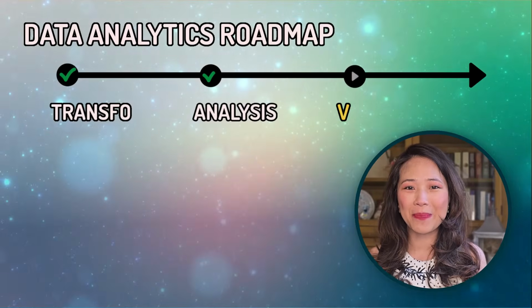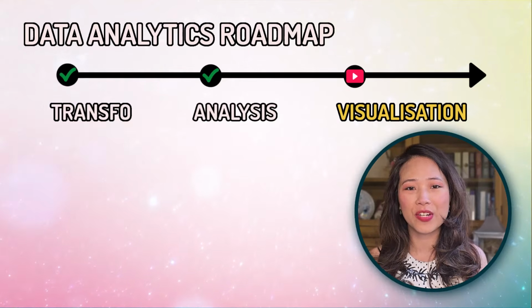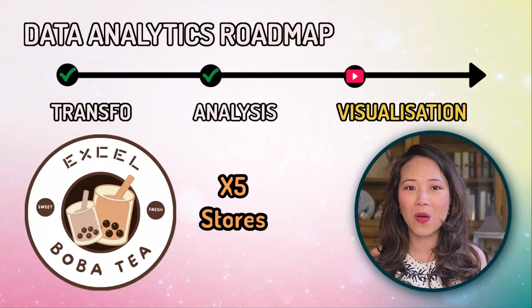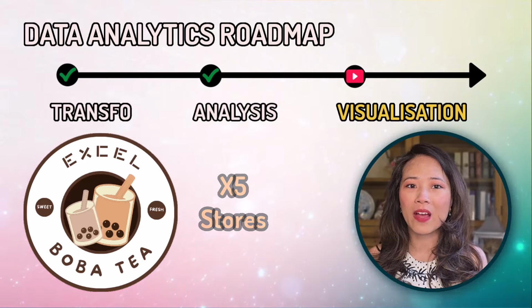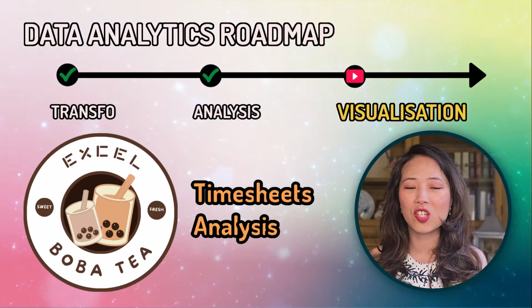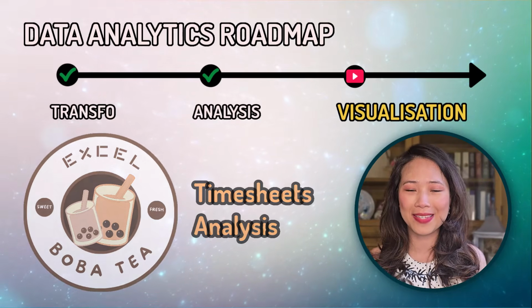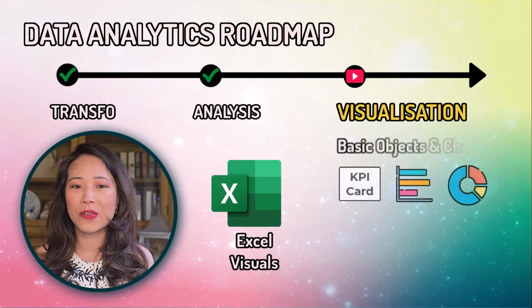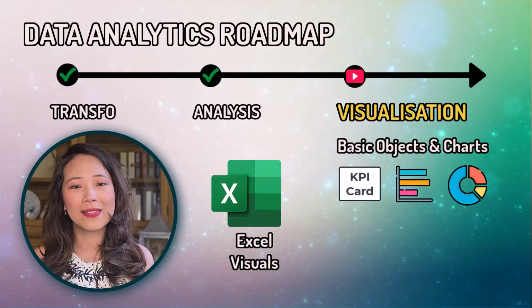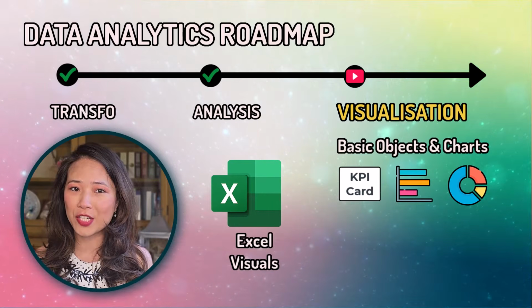This video is a part of an ongoing data journey where we've been helping Excel Property, a fast-growing property chain, to transform a chaotic pile of timesheet data into clear, actionable insight. In previous episodes, we started with simple visuals, adding basic objects and charts to build our foundation.